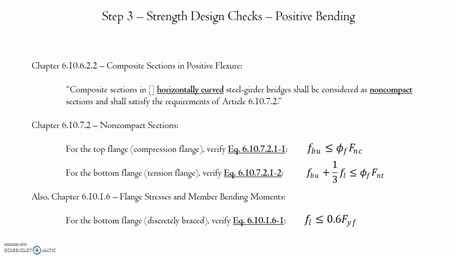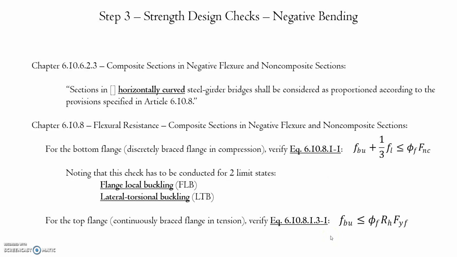Here are the checks performed by the program. Because we are looking at horizontally curved sections, we are looking at chapter 6.10.7.2. We are looking at these checks on the compression flange, this one on the tension flange, which includes the lateral bending stress, and we're also limiting the lateral bending stress with equation 6.10.1.6-1.